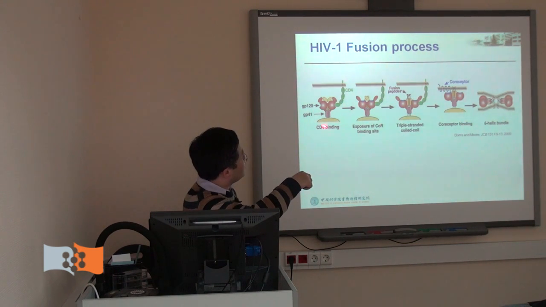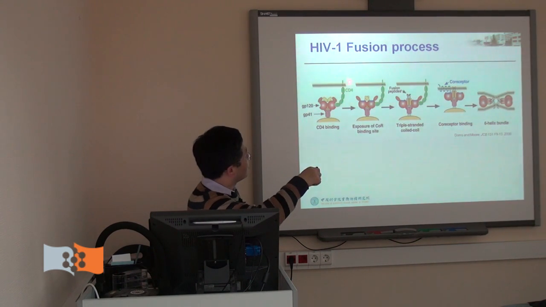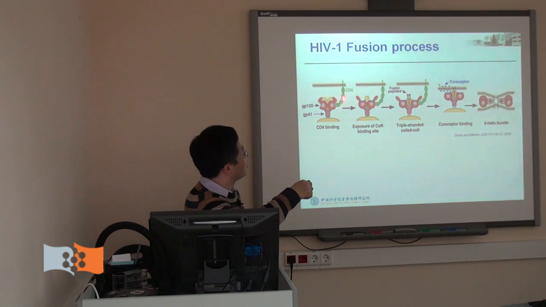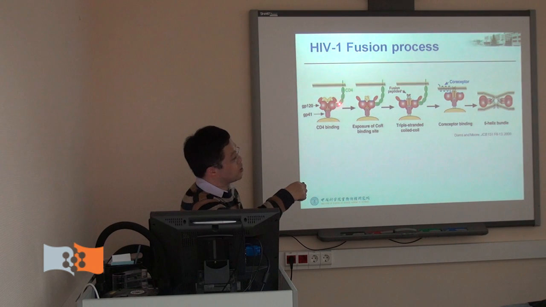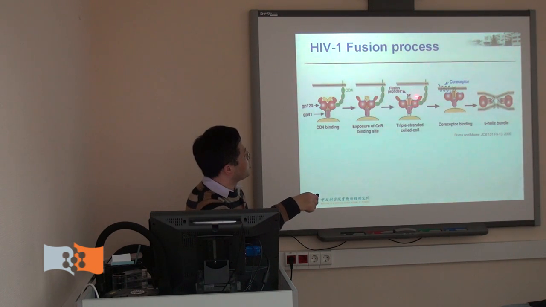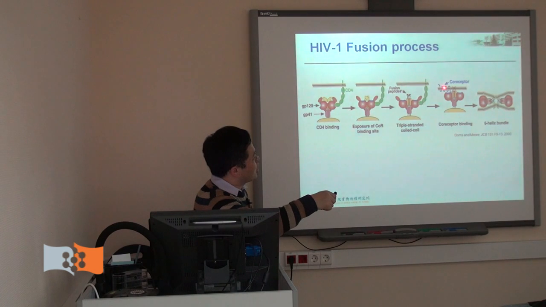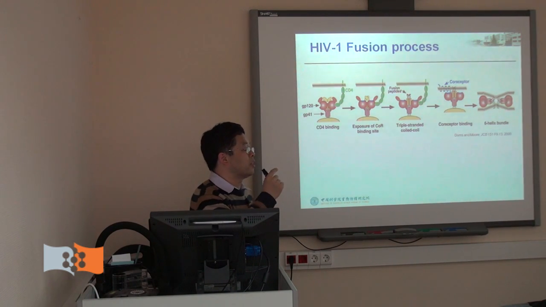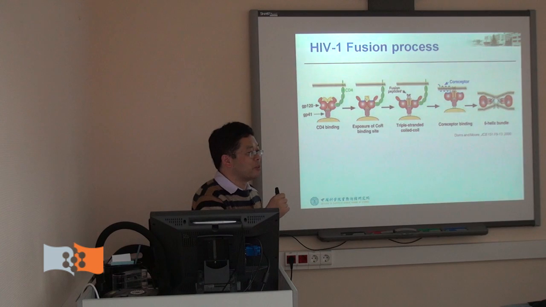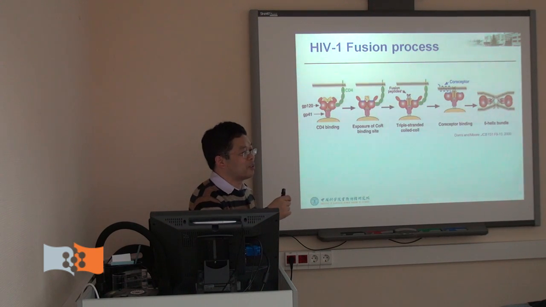When the virus gets close to the target cell, CD4, the receptor of the HIV virus on the target cell, binds to GP120 and causes a conformational change of GP41 and the other envelope spike, and there is a co-receptor, either CCR5 or CXCR4.